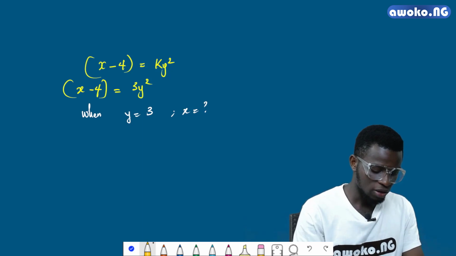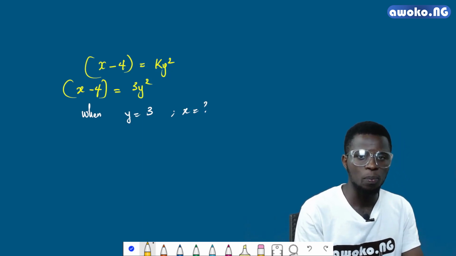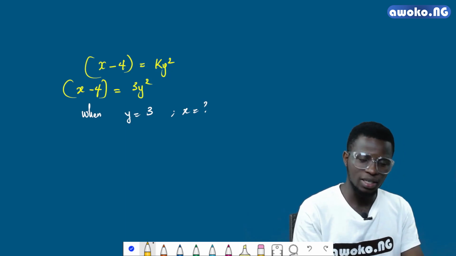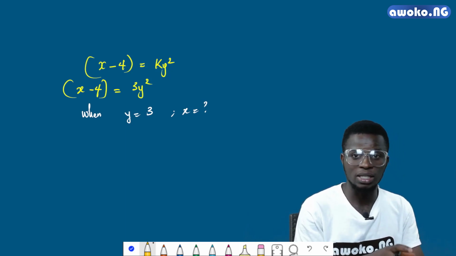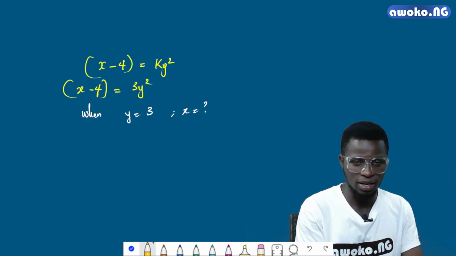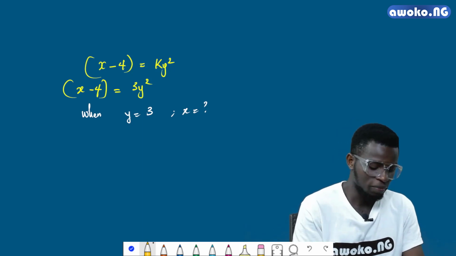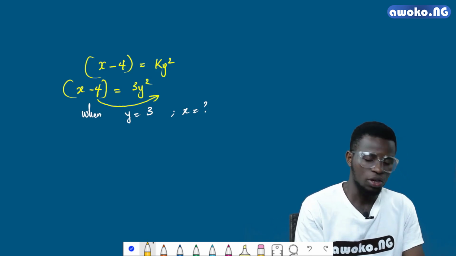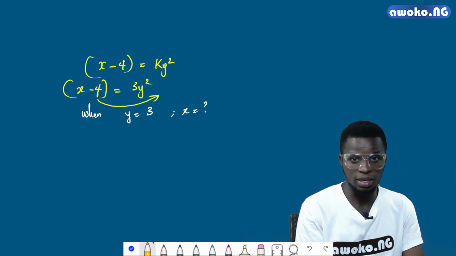We can decide to add 4 to both sides in order to eradicate the constant 4 on the left hand side. Sometimes you can say take minus 4 to the other side of the equation, and it is still the same thing.